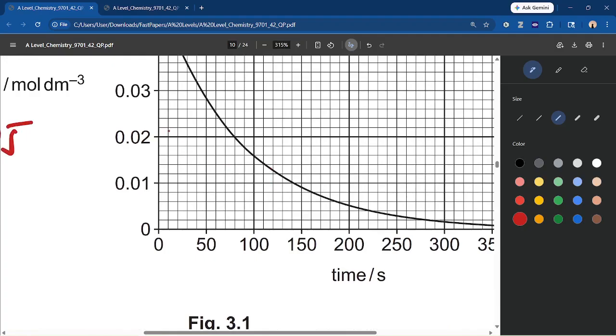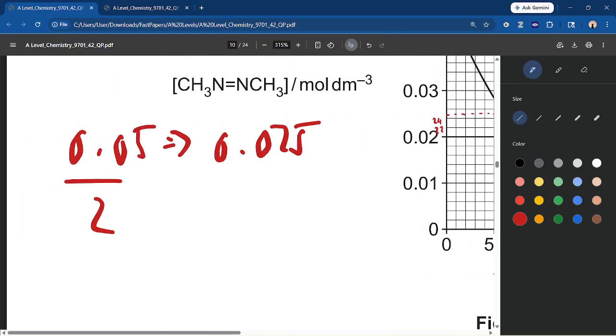So this is 22, this is 24, so this is 0.025, which neatly comes to around 60 seconds.